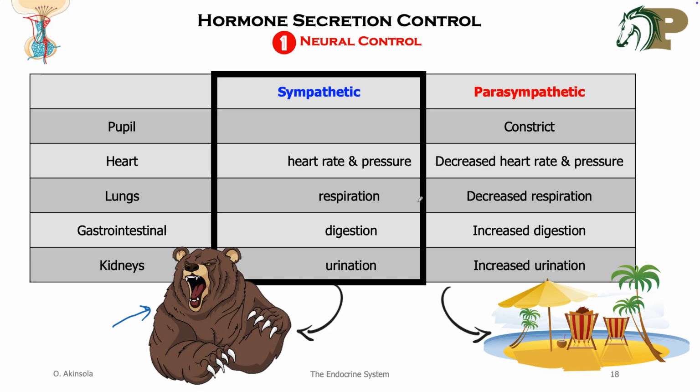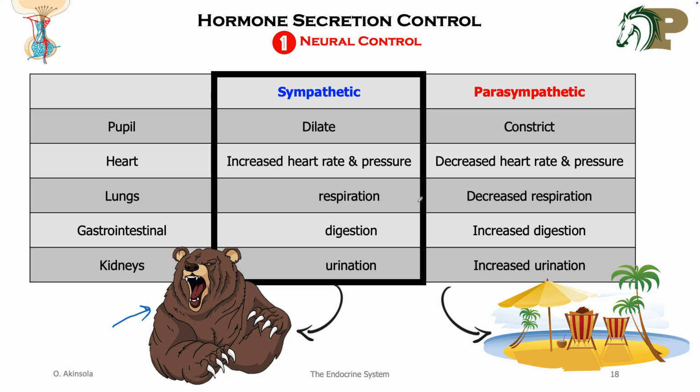With your sympathetic, when it comes to pupil, heart, lungs, GI, and kidneys, your pupils are going to dilate because you're going to need to see where you're going when you're running from that hungry and angry bear.